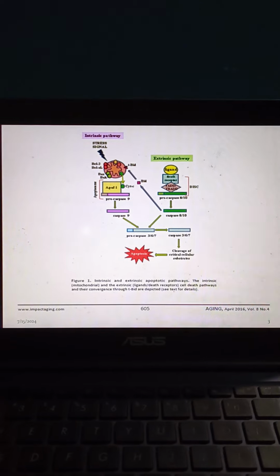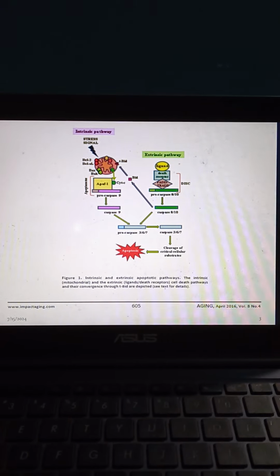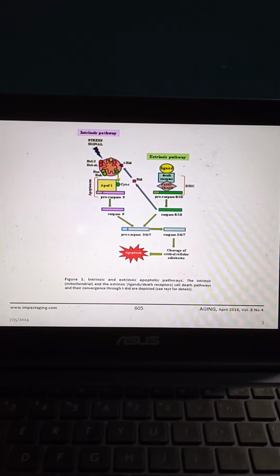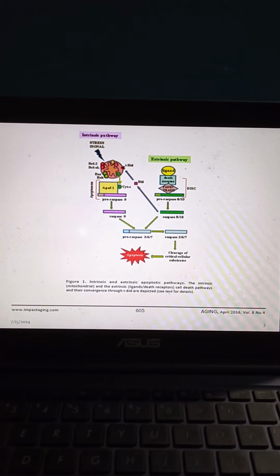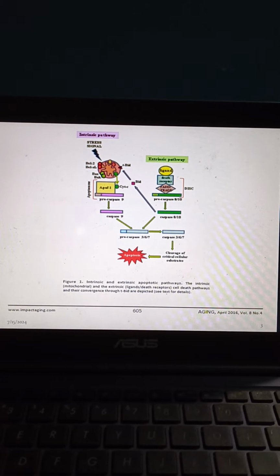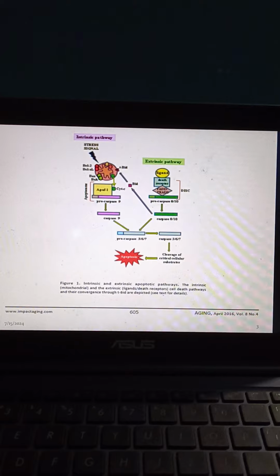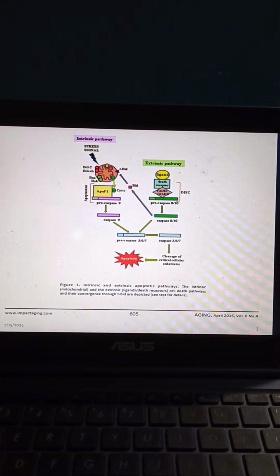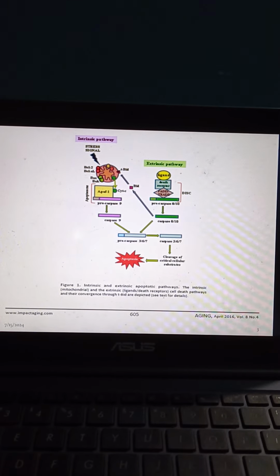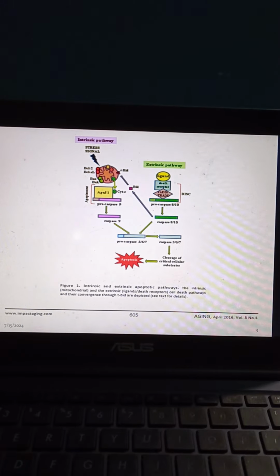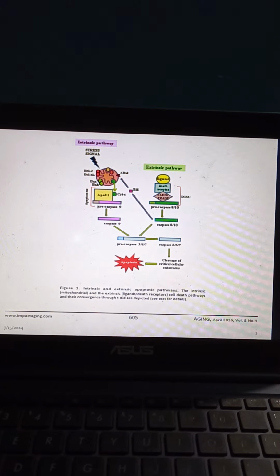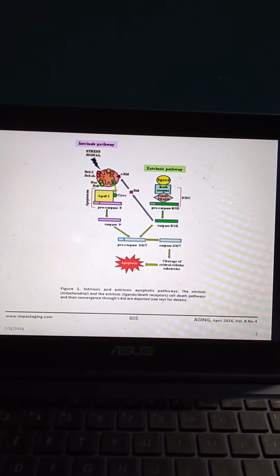This is a picture showing the intrinsic and extrinsic apoptotic pathways: the intrinsic mitochondrial and the extrinsic death receptor ligand cell death pathways, and their convergence through tBID. In the intrinsic pathway, the stress signal will affect BCL2, BCL-XL, and tBID, and then the apoptosome, APAF1 and procaspase 9, will be produced.